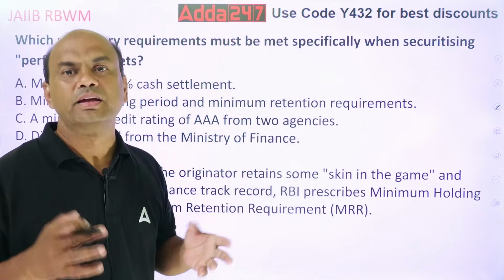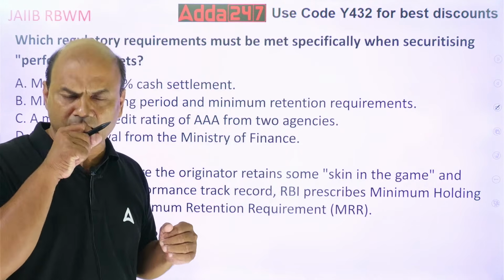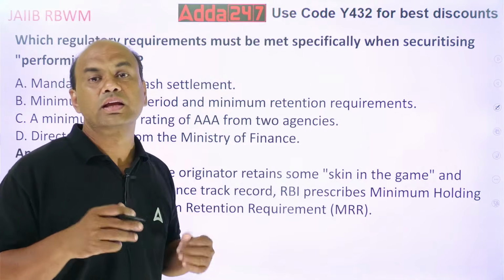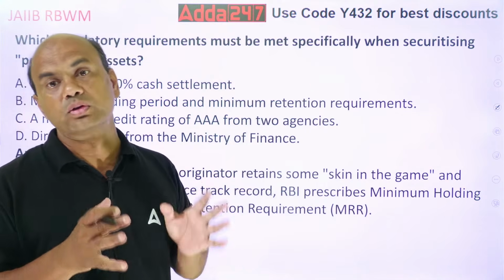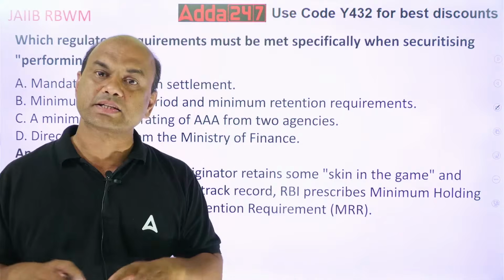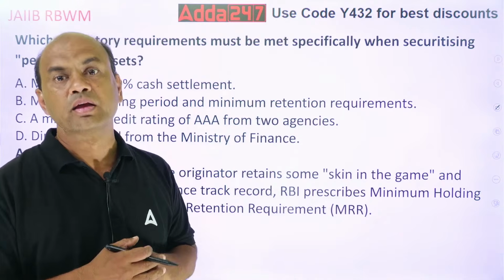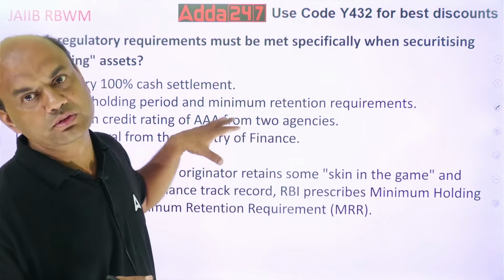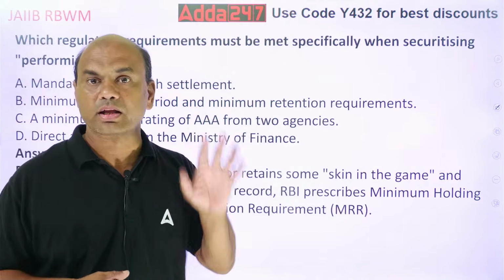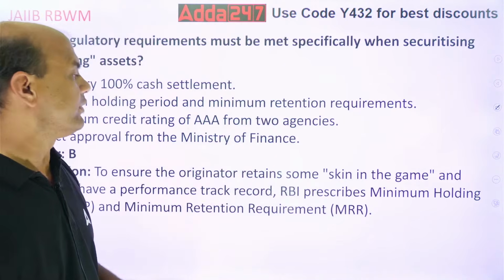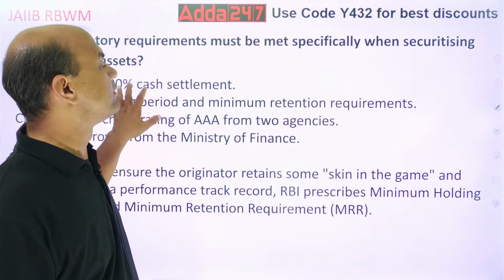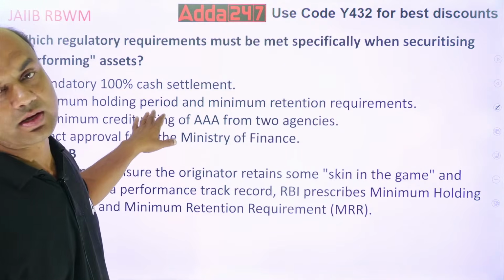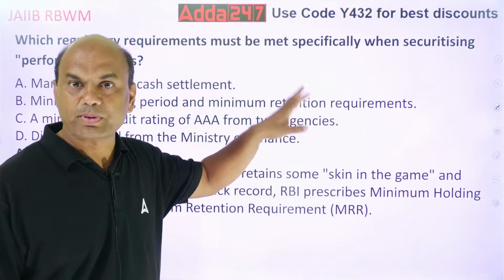Understand this. If I am, let's say, giving some good, standard loan for securitization, selling it to an SPV, then I must hold this loan for a minimum period given by RBI. Okay? So this holding period is called minimum retention. And how much part of the loan should I hold?